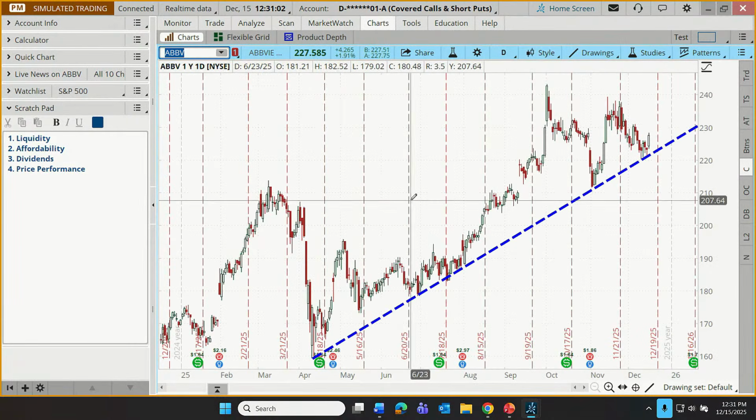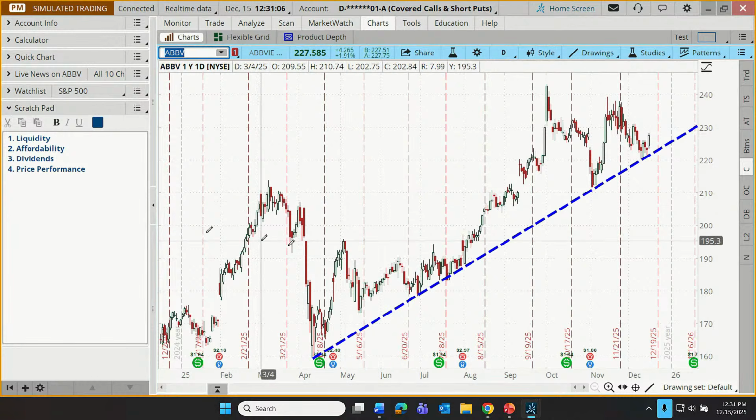And here's what a would-be covered call trader might note, is that the system seems to have done its job. We do know this is a stock priced between $40 and $300 per share. It's $227 and change right now. It's one of the biggest companies in the world. It's at least $100 billion in size, so its options are more likely, not guaranteed, but more likely to not have a huge spread between the bid price and the ask price and suffer from liquidity issues.